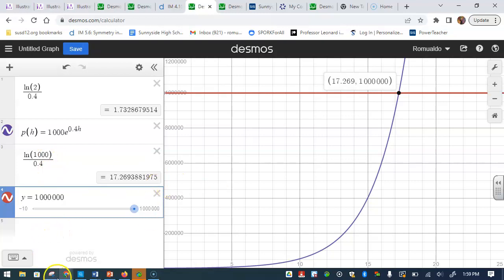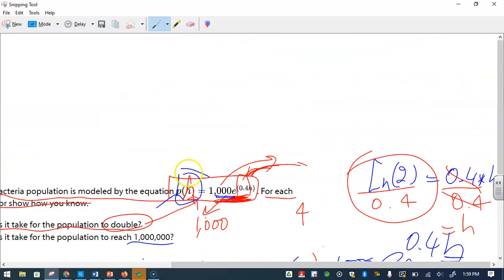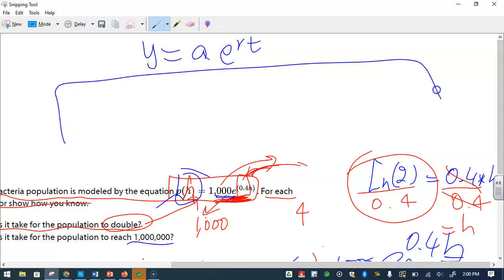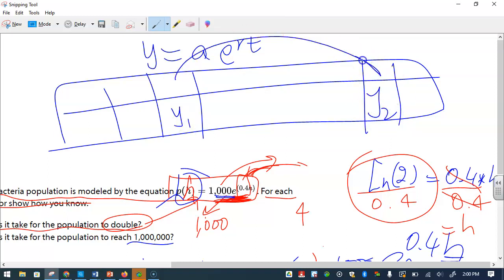And there's one more shortcut trick I'm going to show you. Whenever there is y equals a e raised to rt, and suppose you want to figure out the time. Let's say there is a y1 here, and somewhere around y2. They may ask you, when will this be? This will be given. This also will be given.